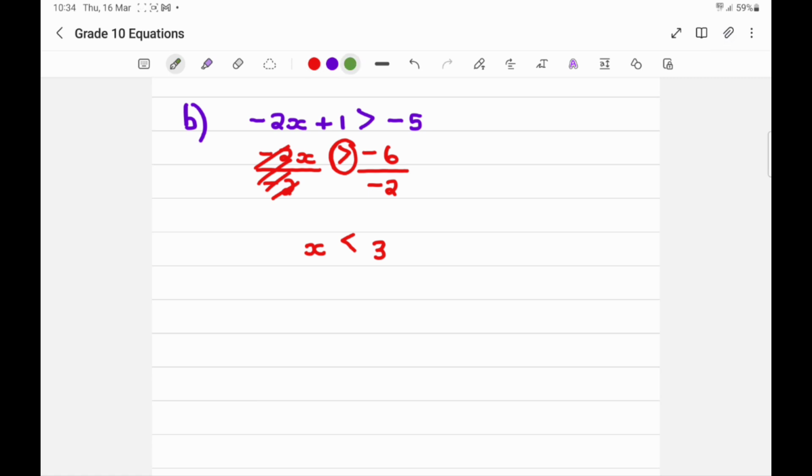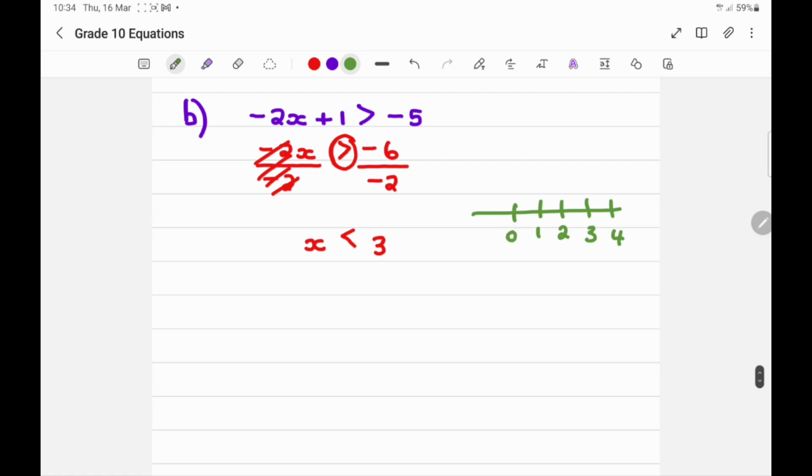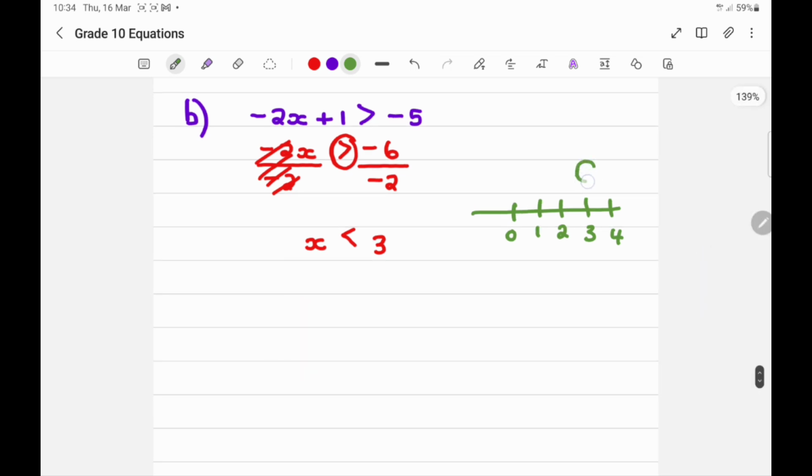And the way you would represent that on a number line, you can just have a number line with a 3 on it. If you go above the 3, you make a big circle. Do I color it in? No. And then because it's smaller than, I'm going to take it to the left-hand side.